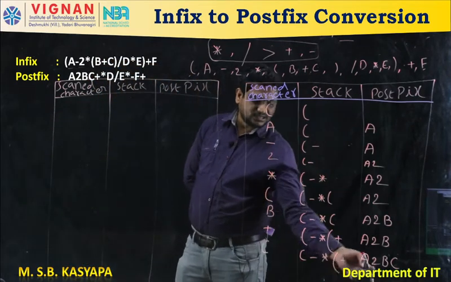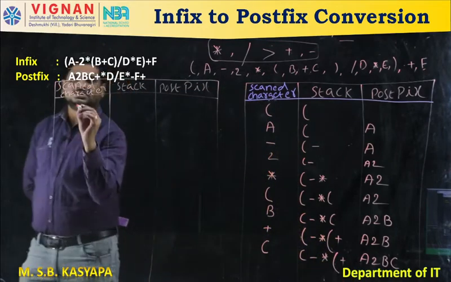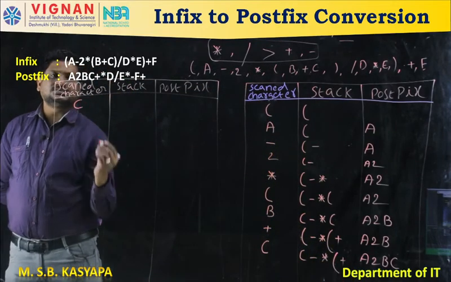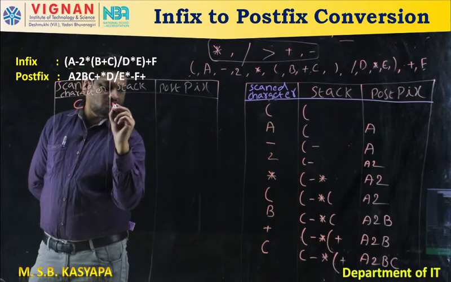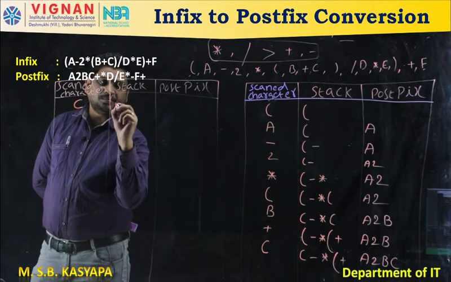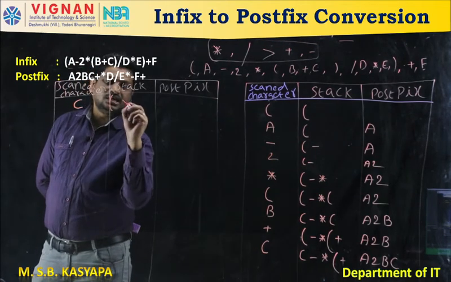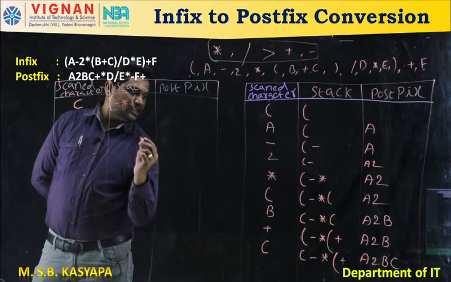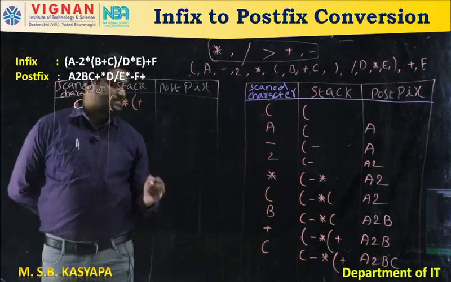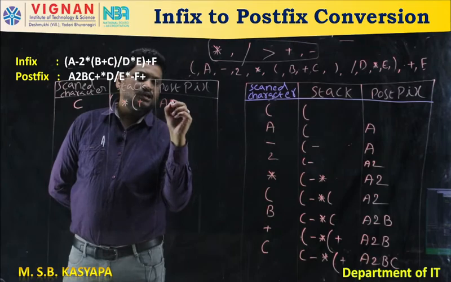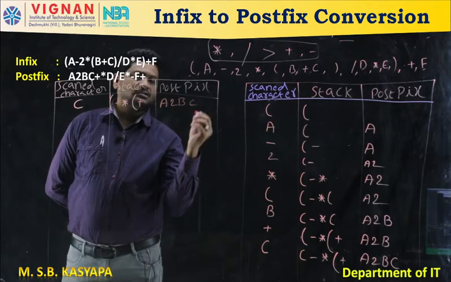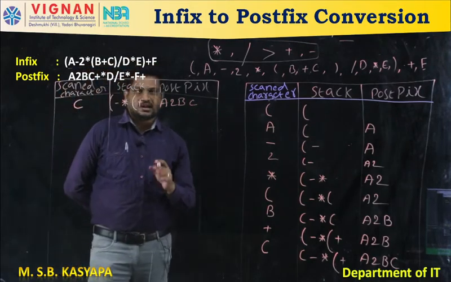Let us rewrite this one. Now, read character C. If it is C, then already I have a stack with open bracket, minus, into, open bracket, next plus. What is the postfix expression? A B C. Until now we have completed up to this one.